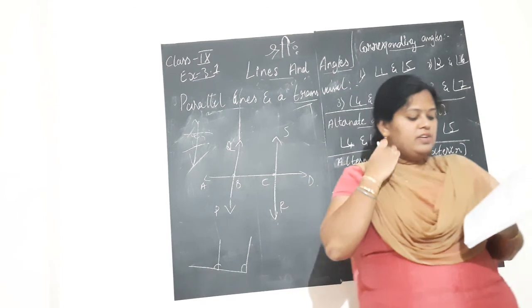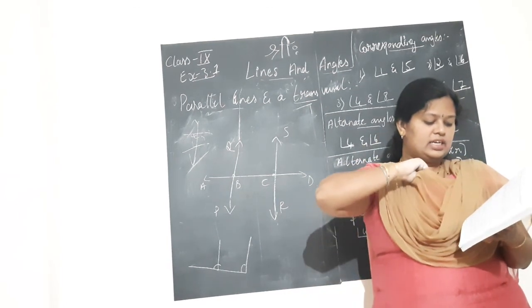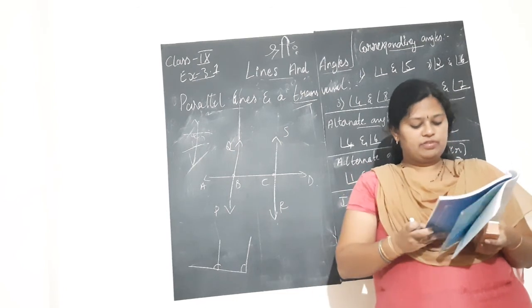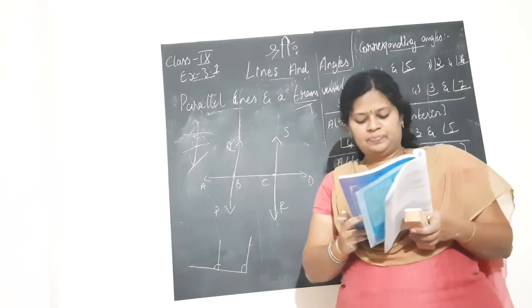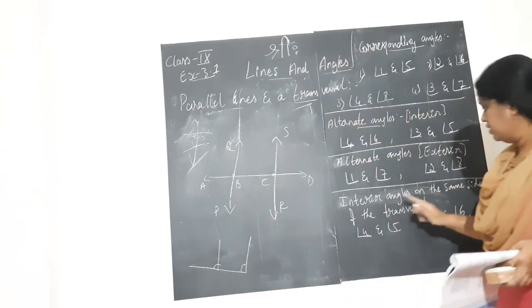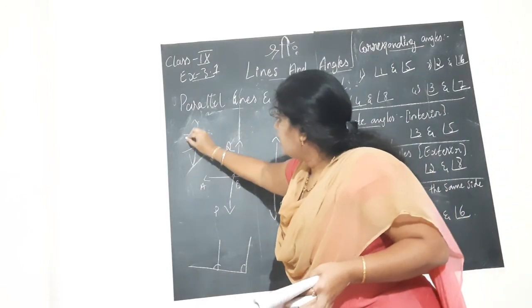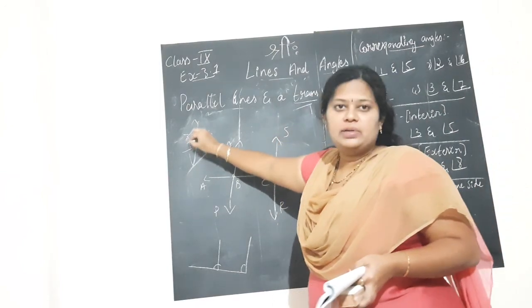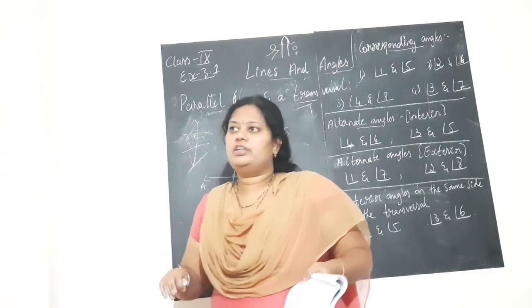Theorem 3.5: if a transversal intersects two lines such that the pair of interior angles on the same side of the transversal is supplementary, then the two lines are parallel. So I taught you interior angles on the same side of the transversal. In this case, angle 1, angle 2, and if I label these two angles, these are the interior angles on the same side of the transversal.